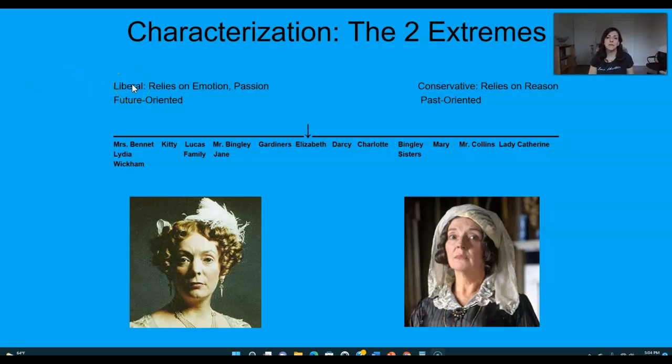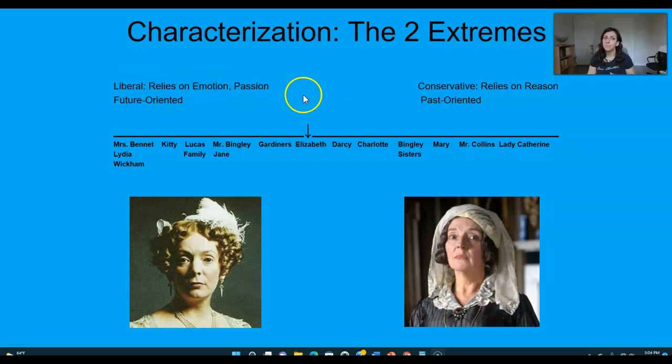So liberal-minded people were fairly emotional. They were guided by pathos, by their passions. They thought about the future. They were more open-minded and willing to accept change.